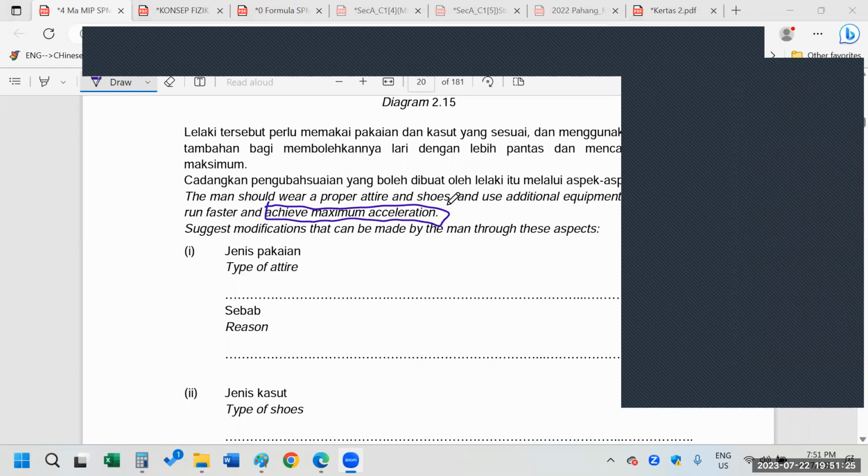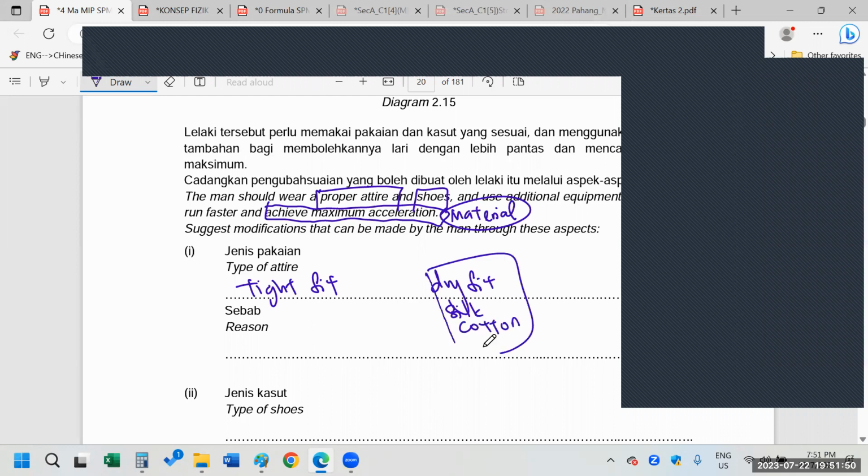Okay, since they mention maximum acceleration, the material is not so important. If you say dry-fit or silk or cotton, not so important as long as tough.